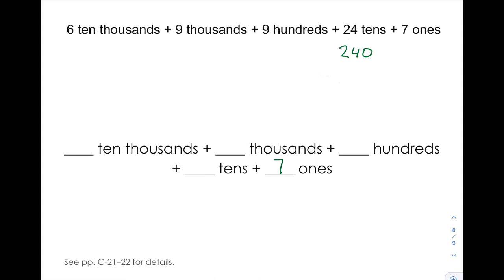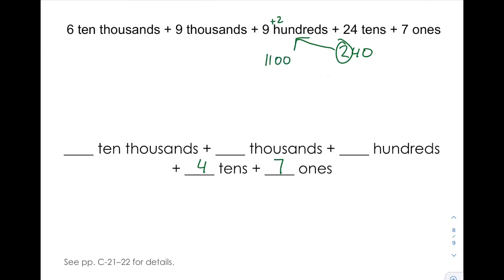All right, so 24 tens makes 240. So we're going to send the 200 over this way, add it to the 900. And then we have 40 left over, and 40 is the same as 4 tens. Now we have 9 plus 2 hundreds, so that makes 1100.